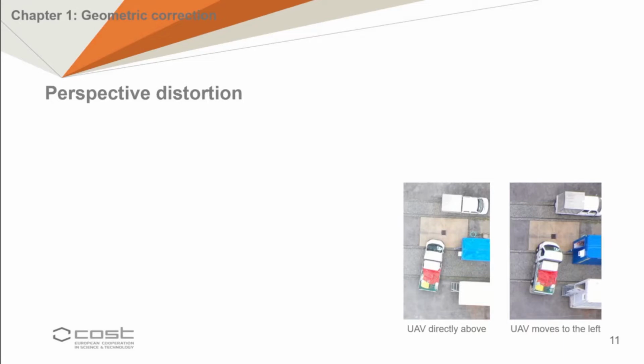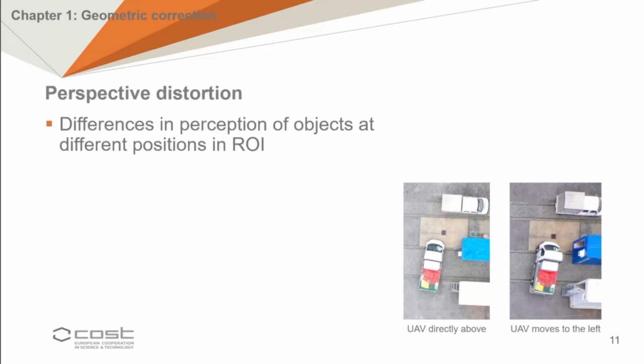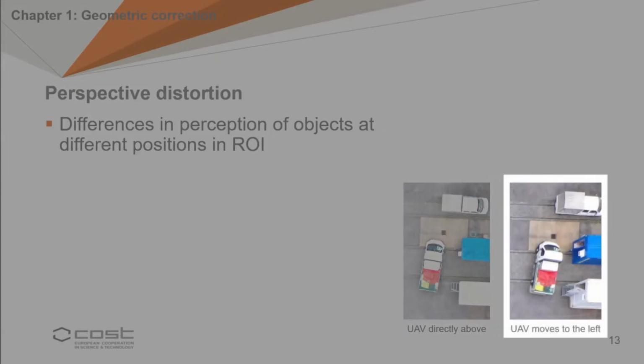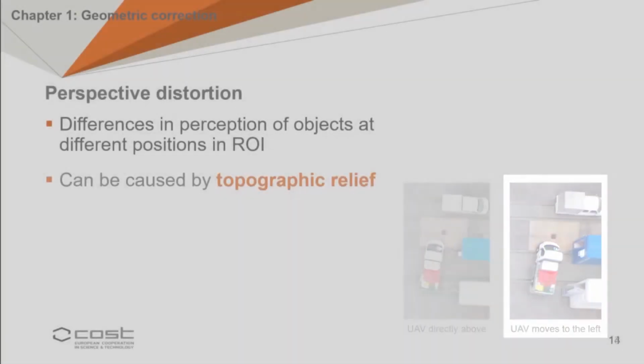In short, due to the focal nature of our cameras, it is impossible to achieve a completely orthogonal view of the region of interest. So the same object in the center and at the edges of the camera frame will look different. For example, the image on the left is taken with the camera directly above the truck, while the image on the right is the same area, but after the UAV and the camera have panned to the left.